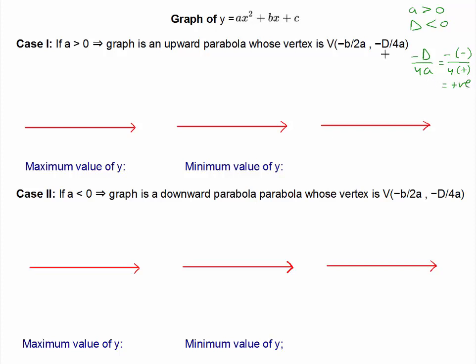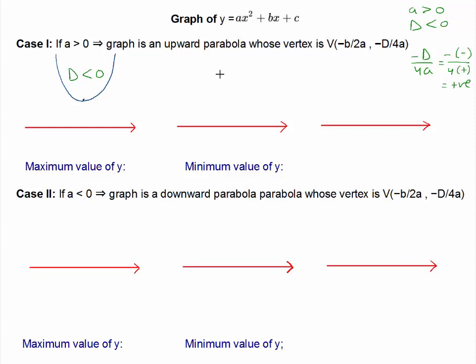That means the y coordinate of the vertex would be positive if D is less than 0. So the vertex will lie above the x-axis, and since it's a parabola, it will be symmetrical about a vertical line through the vertex. So the shape would be something of this sort. This would be the case when D is less than 0.